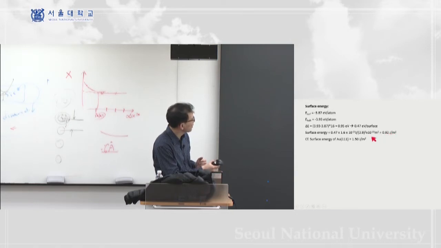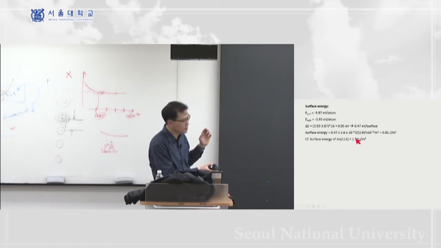In comparison, in the case of gold 111, so that was the gold 100, it is 1.5 joule per meter square. So it is approximately the same order, right?